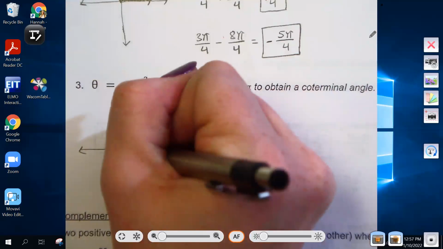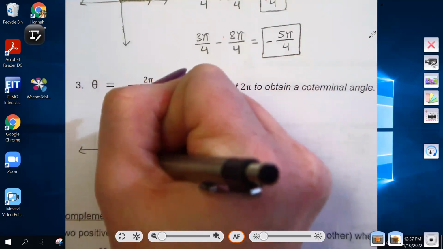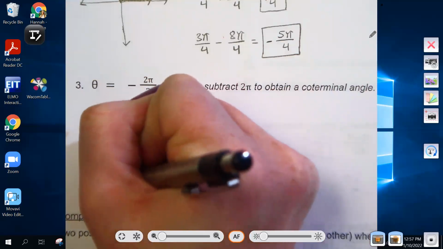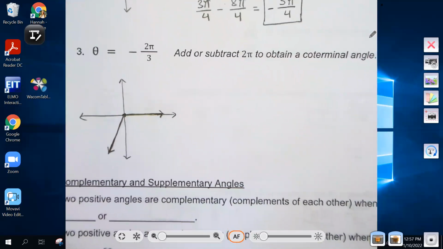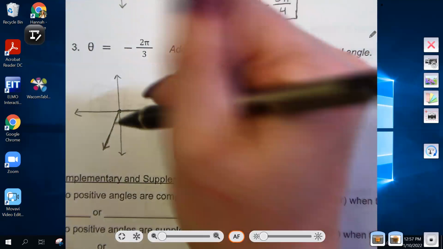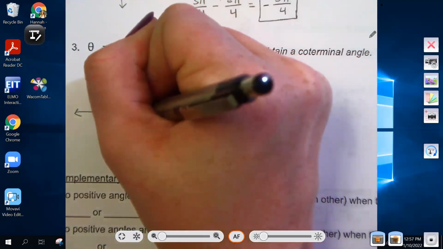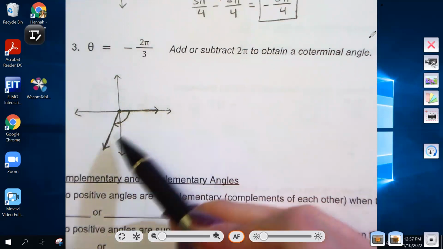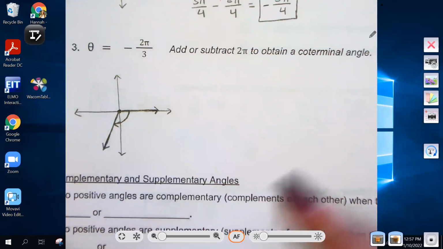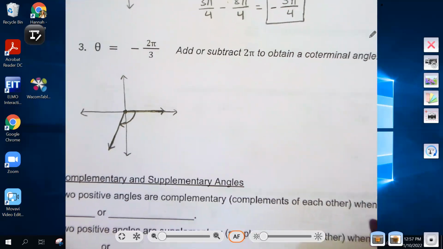I think it's here. I think the negative ones are harder. So we rotated clockwise to get a negative angle measure, negative 2 pi over 3.